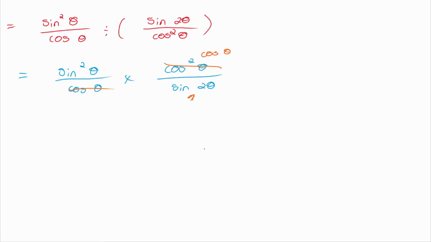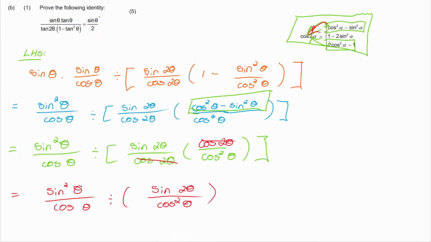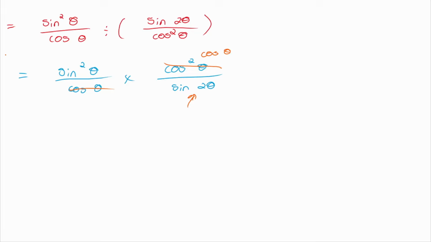What we can do now is expand this out, because it only has one expansion. Also remember, we can use the right-hand side as the guide. We know we're going to need a sine theta at the top. So we're going to get sine squared theta over, oh wait, here we have a cos theta, so I'll write this over 1 times cos theta over 2 sine theta cos theta.